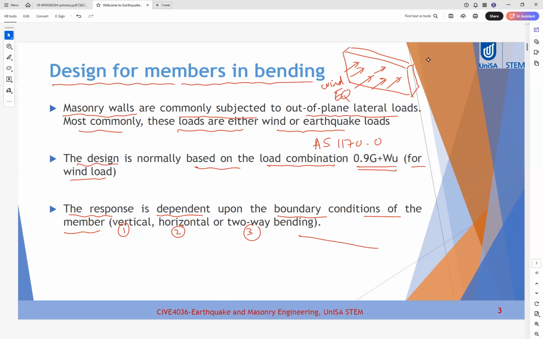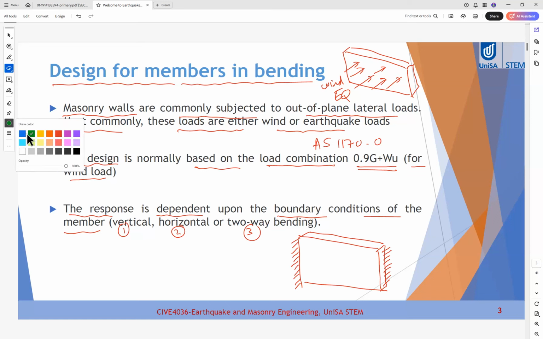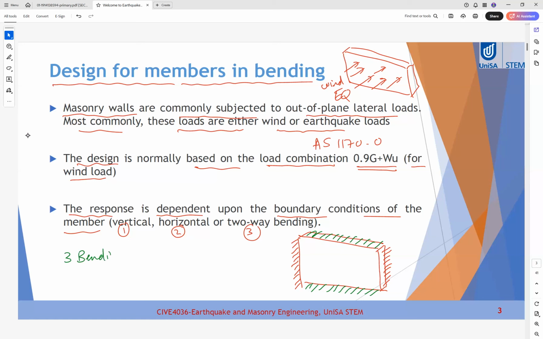This means that the behavior of the wall is relevant to the support, if it is supported from its vertical edges or from horizontal edges, top and bottom. So we might have supports from all edges, like four edges, or some of the edges. So we have three types of bending behavior.